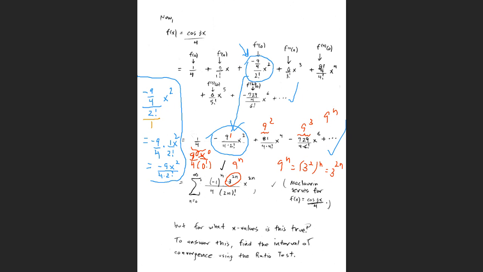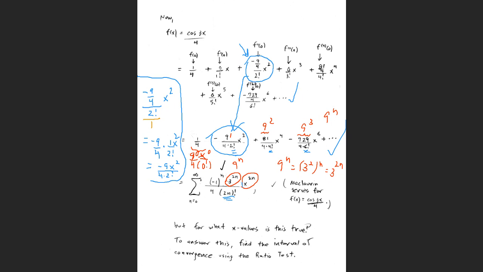So you have to be able to recognize that. All the terms in the series are even. So x to the 2nth power will give you just even powers of x. The factorials are even also: 0 factorial, 2 factorial, 4 factorial, 6 factorial. Well, 2n factorial will give you even factorials.